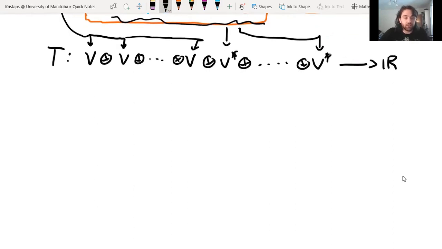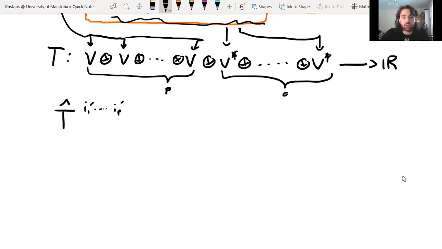So unpacking all of this, what we find is that for a multilinear map T, to be written in a new basis, to have its components, we would have I1 prime dot dot dot up to IP prime. Here, I'm assuming that we have P tensor products of V, and we have Q tensor products of V dual. So down in our lower indices, I'm going to have J1 prime dot dot dot all the way up to JQ prime.